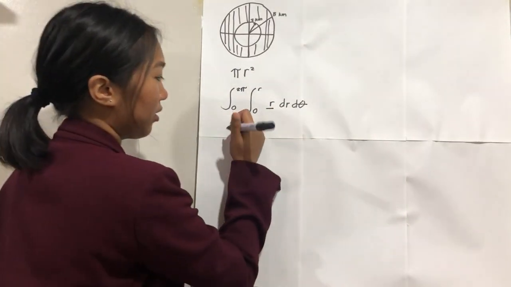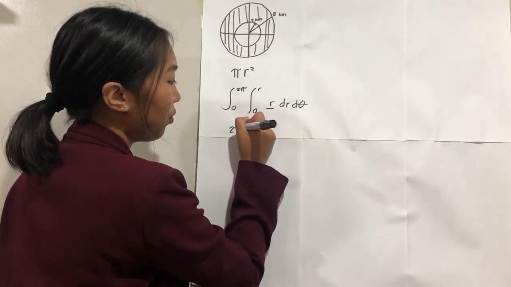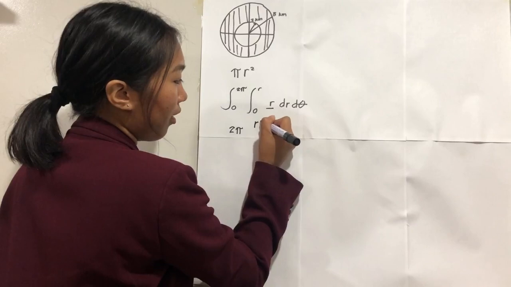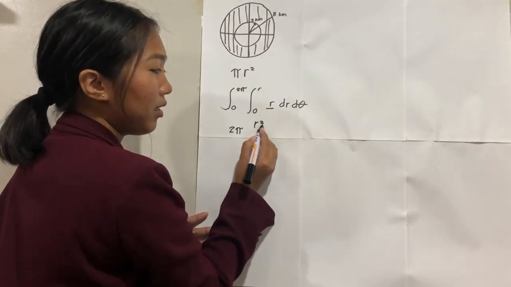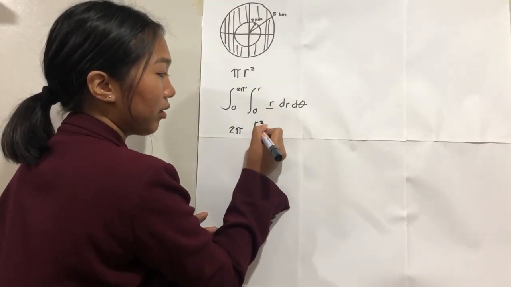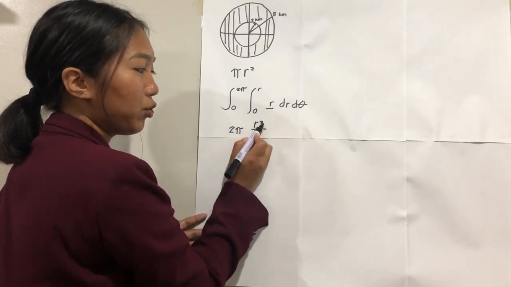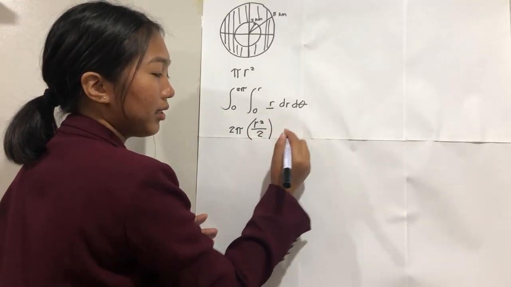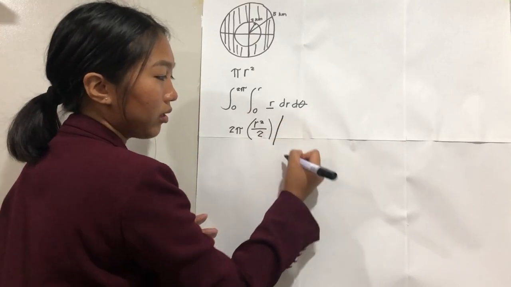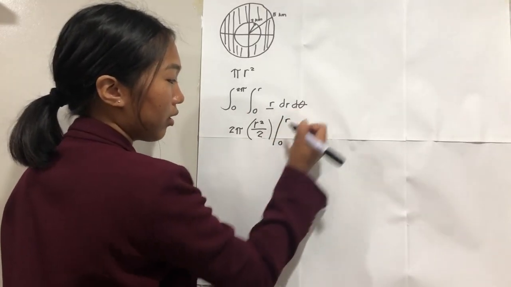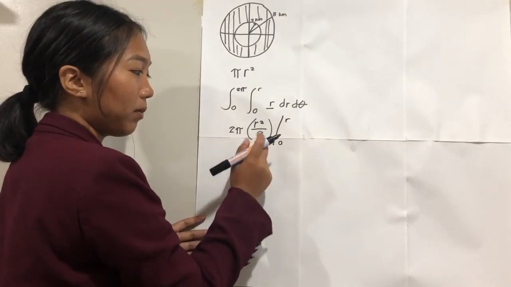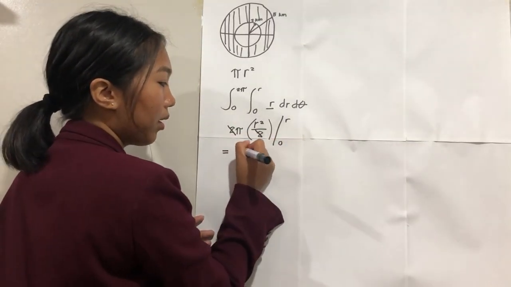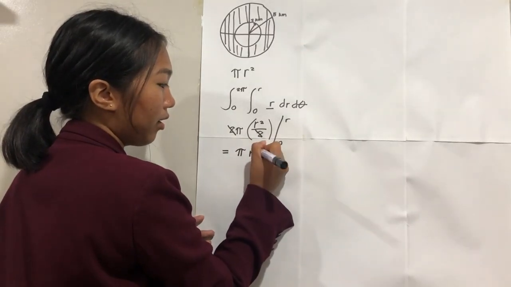So it will give us 2 pi r squared over 2. Copy the exponent of 2, bring it down, and evaluate from 0 to r. Since it is divisible by 2, cancel 2, and that will leave us pi r squared.